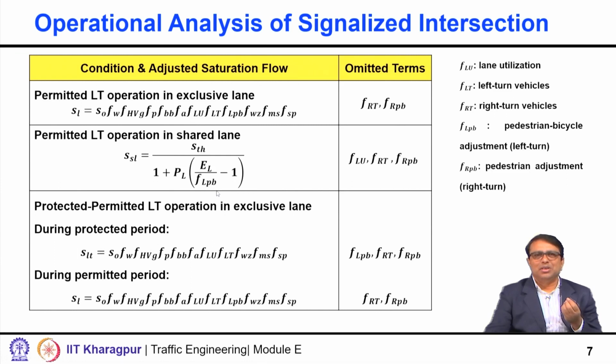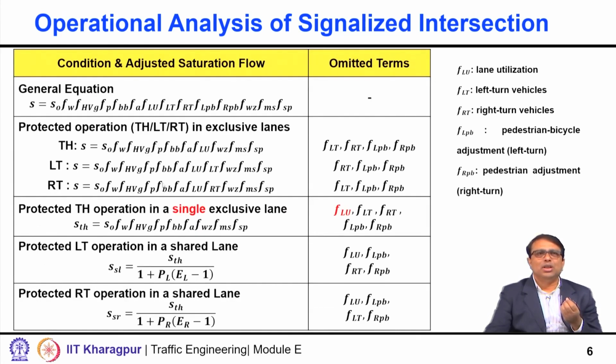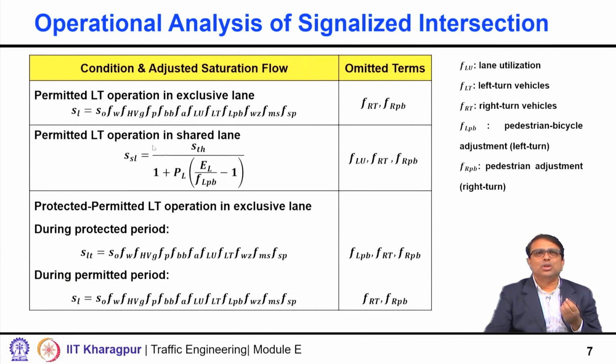That will also be a relevant factor here. So for shared lane, protected versus permitted, the only difference is the pedestrian. Along with PL and EL, the proportion of left turning vehicles and equivalency for left turn vehicle, there is also the adjustment factor for pedestrian bicycles for the left turn.